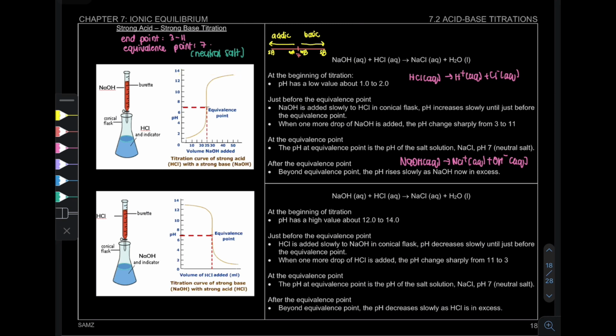Okay, so what's the difference here? Apa beza yang atas dengan bawah ni? Bawah ni kita start dengan NaOH. So that's why at the beginning of titration, pH has a high value. Sebab dalam case ni, in the conical flask, we have our sodium hydroxide.